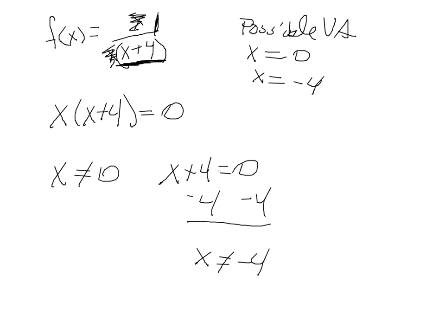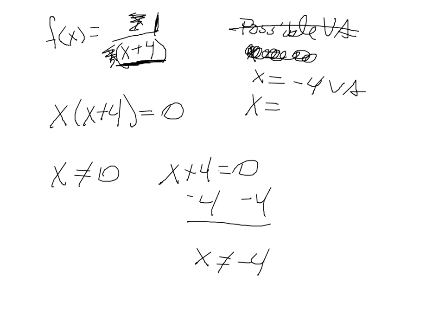But I'm okay with x equals 0. So my only vertical asymptote is x equals minus 4, and that's from our simplified rational function. So we have a vertical asymptote at x equals minus 4.